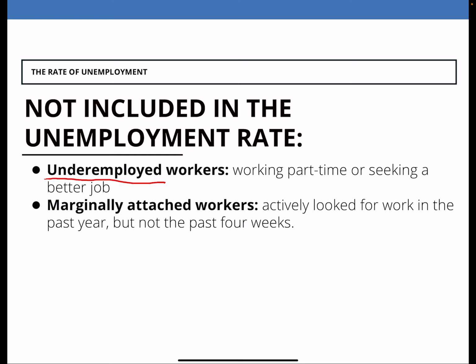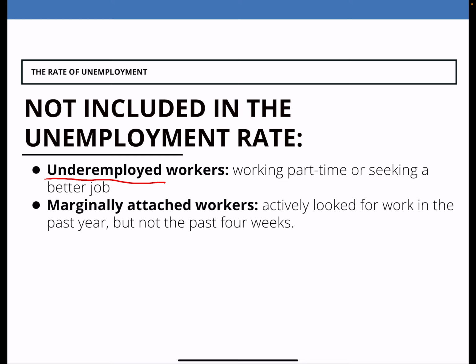The second, we say, marginally attached workers. Remember, to be technically unemployed by our official definition are those three things I talked about in the first video. You're not working, but you're willing and able, and you're actively seeking jobs within the past month.